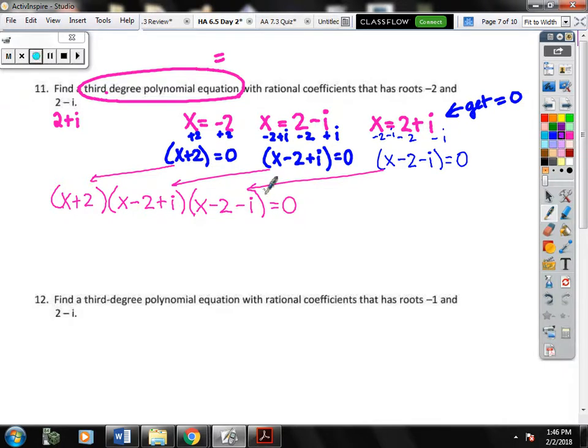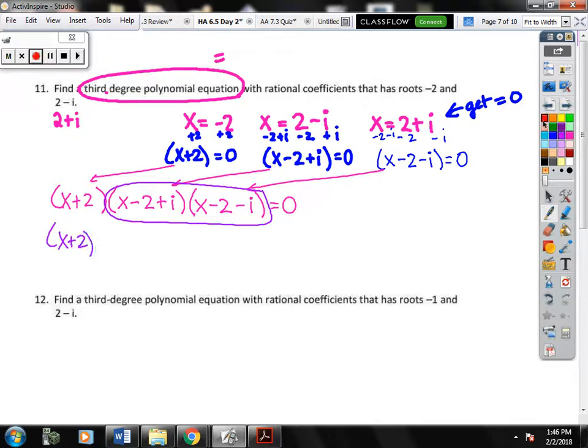My suggestion would be to FOIL these two first. And then we'll distribute the x plus 2 at the end. Now, when I say FOIL, it's really going to be more than FOIL, right? Because we have 3 things distributing to 3 things.